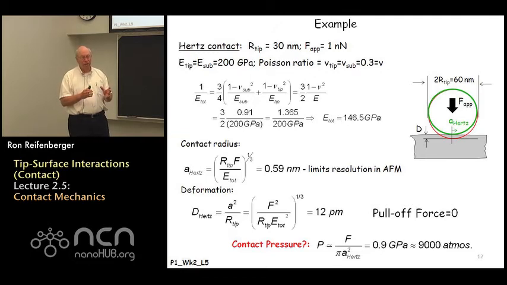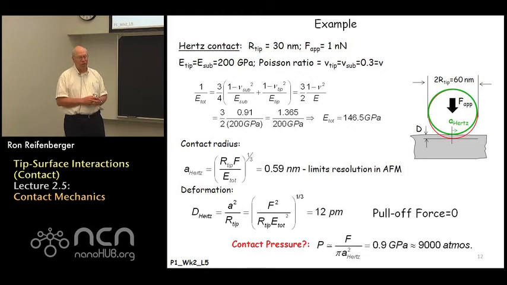So if that contact radius starts to become large, then you start to wonder what the lateral resolution of your atomic force microscope is going to be. In this case, it's pretty small. It's a little bit bigger than an atomic dimension. The deformation that occurs, in other words, how much does the sphere indent the solid?